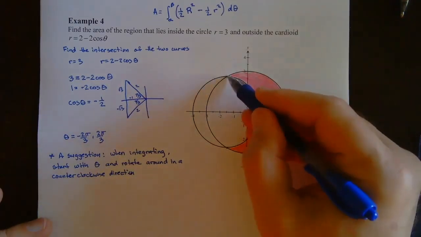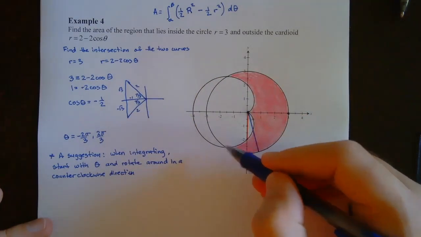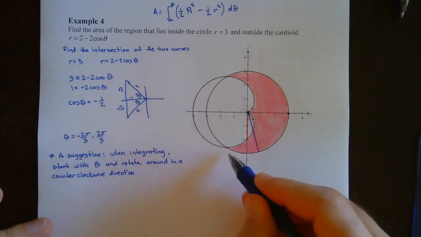So you wouldn't want to start here with that angle and go to this angle. You could start with this angle and go to here.